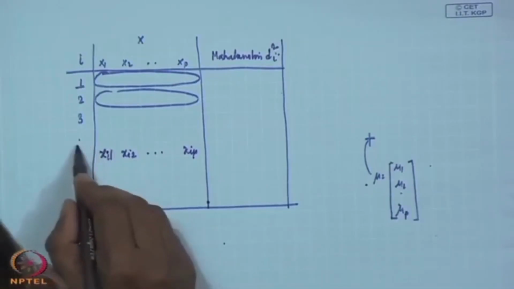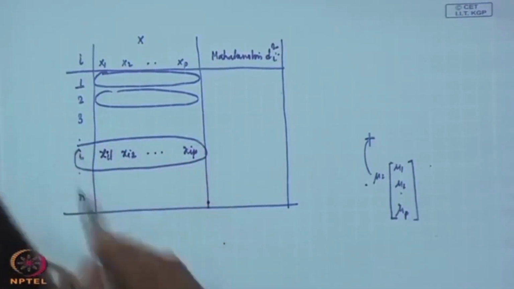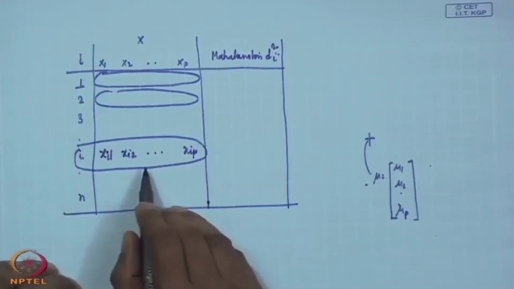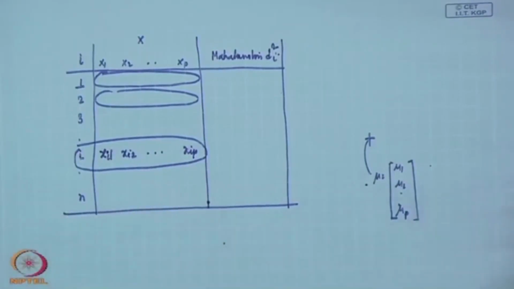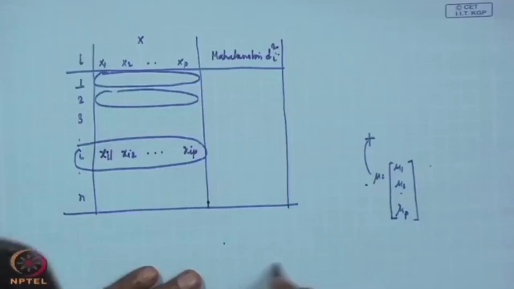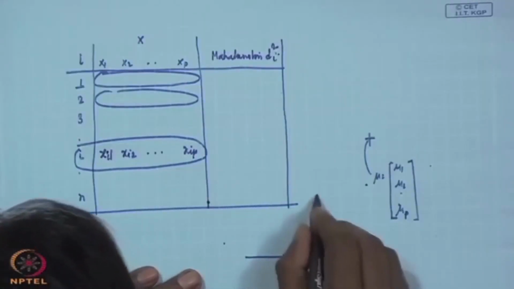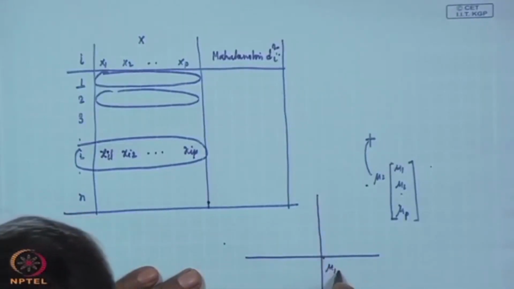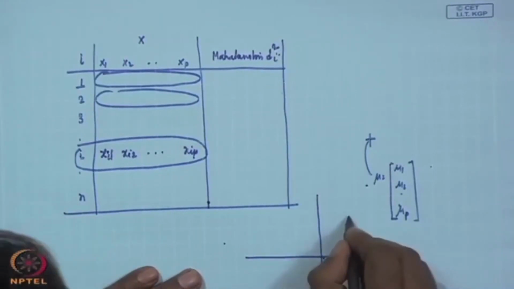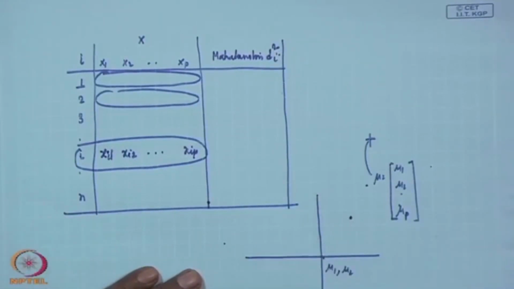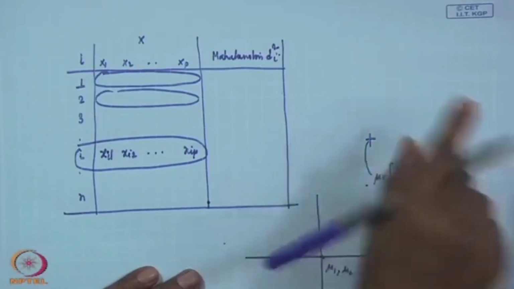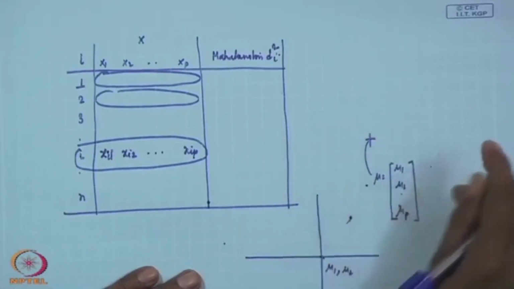So, this is your ith observation. Now, you want to find out where that ith observation lies. If we consider a two dimensional case, this is my mu 1 and mu 2, and somewhere here my ith observation is falling. So, I want to get this distance. I think we have discussed the statistical distance part. What is the formula for statistical distance?